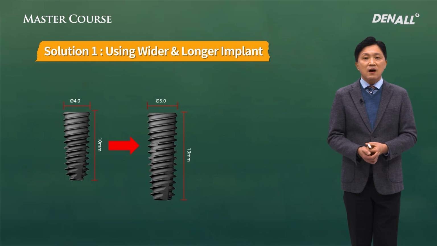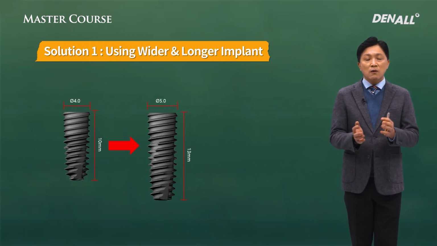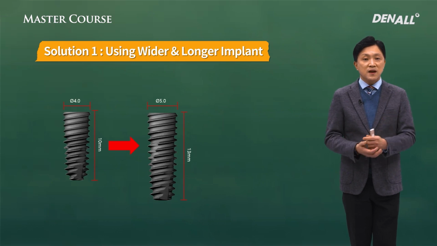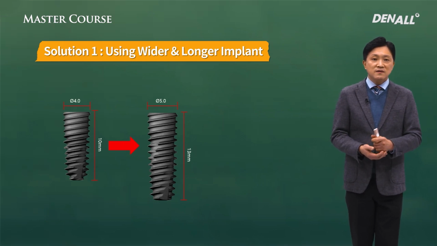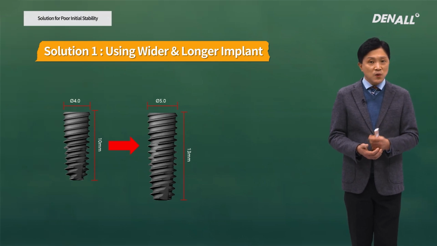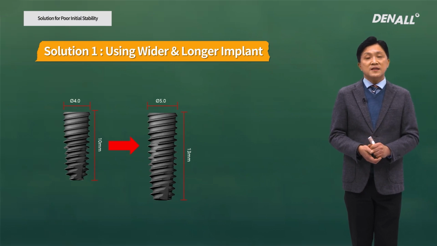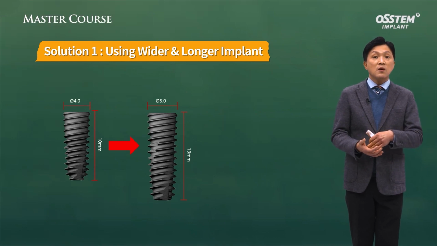In this case, when initial stability cannot be achieved, the most simple way to address it is to use a wider and longer implant. Here, a caveat: when you use a long implant, additional drilling is necessary at the bottom in order to avoid the second scenario.